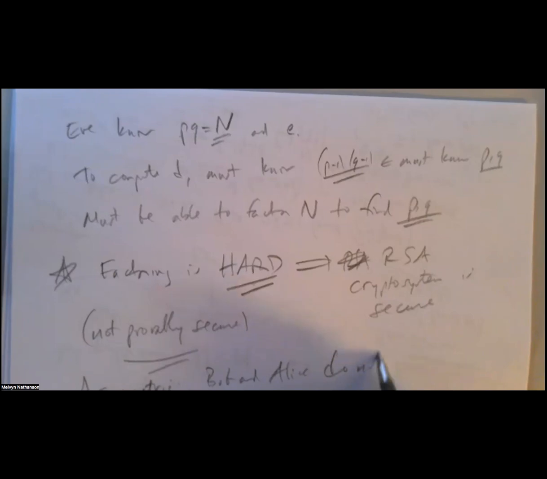So that is RSA. This is asymmetric. Bob and Alice do not have equal or symmetric knowledge.